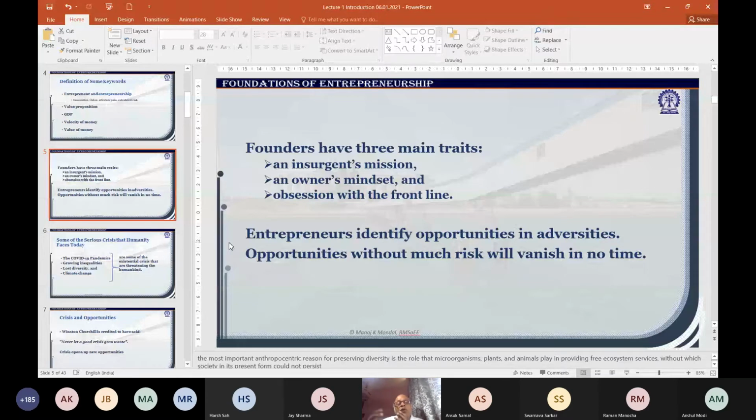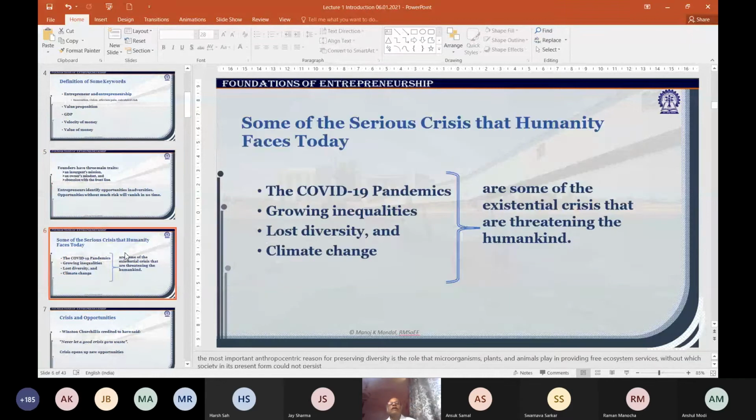Front line is also what you see with the military facing the Chinese at the LOC, the line of control. That is the front line. And when you are at the front line, you will not keep any stone unturned to kill the enemy. Whatever. Let's not go into controversial things. It's not controversial, but my wording may not be suitable.